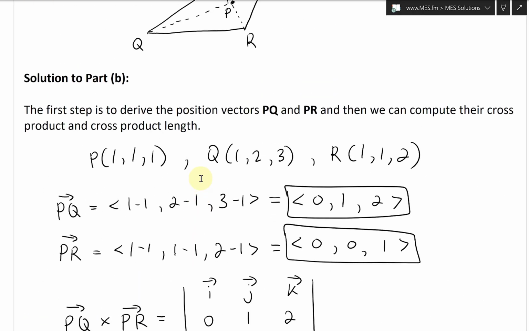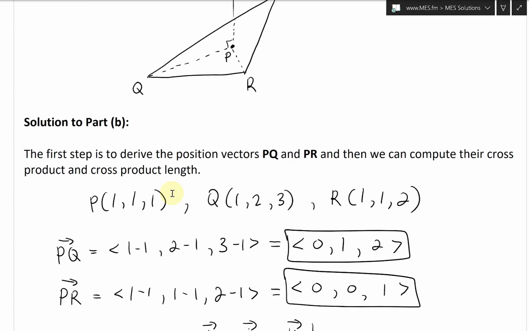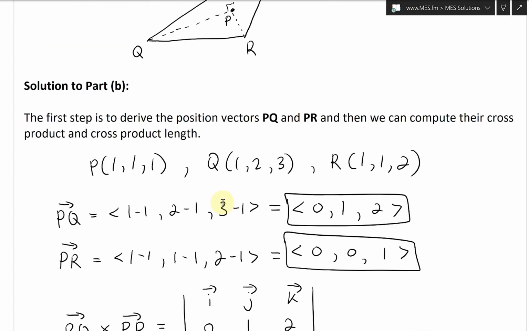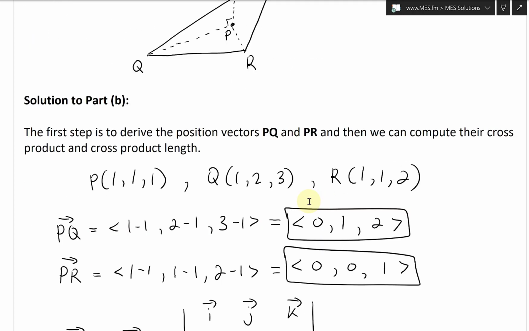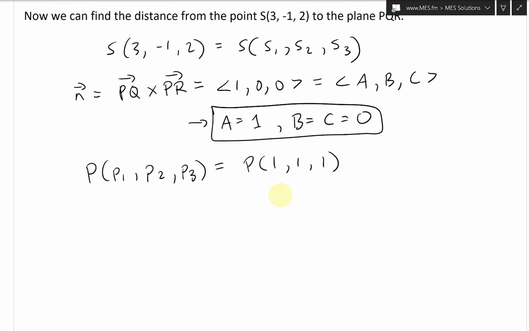And then the next step is, well, we need to solve for D. And this is the point P, and the coordinates of P are just 1, 1, 1. So let's write this down here. So P is P1, P2, P3, and all those are equal to 1, 1, 1.